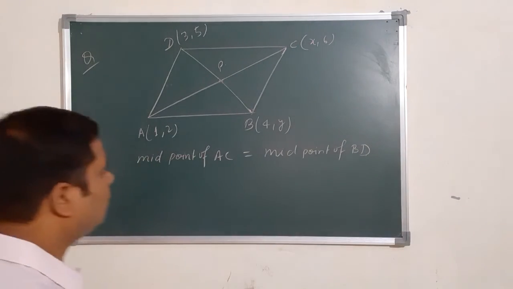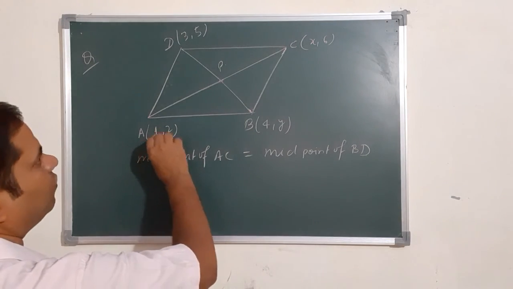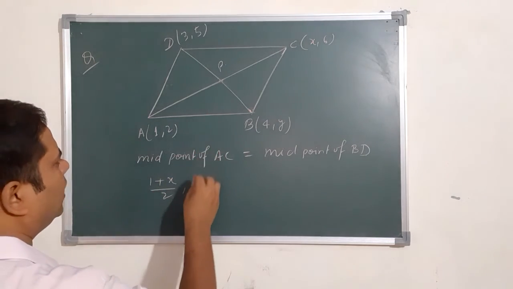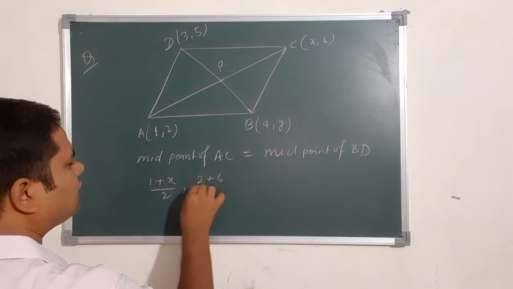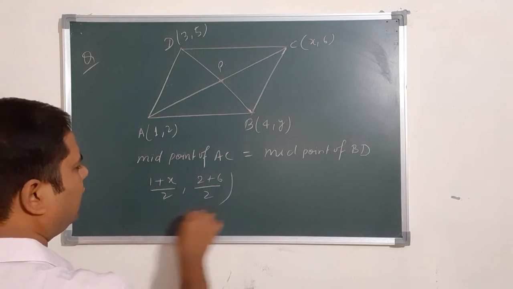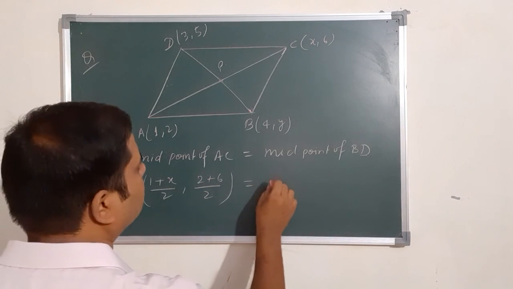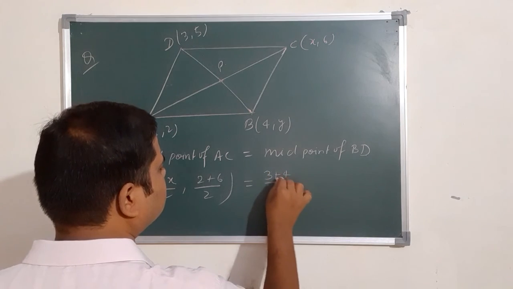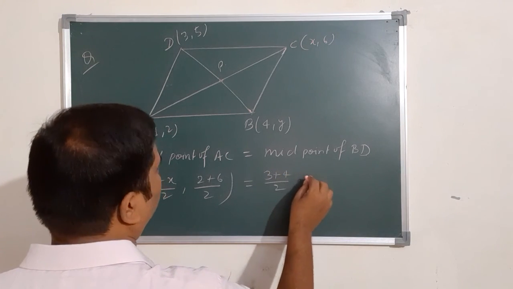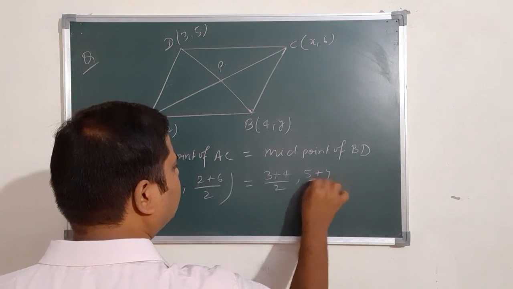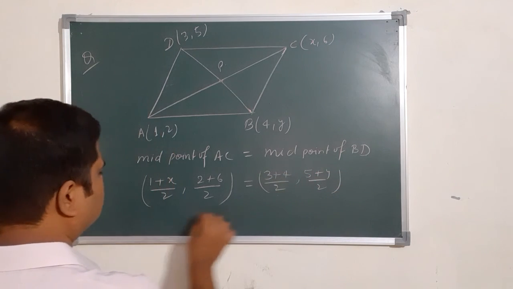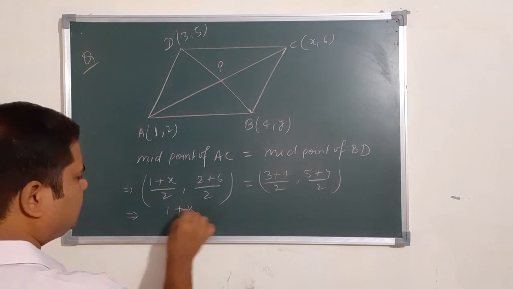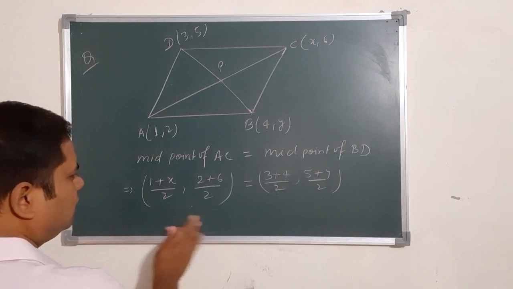So the midpoint of AC is ((1 + x)/2, (2 + 6)/2), and this equals the midpoint of BD, ((3 + 4)/2, (5 + y)/2).